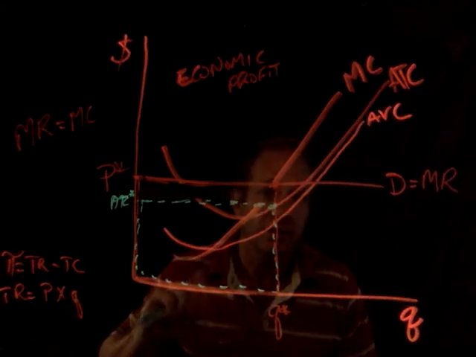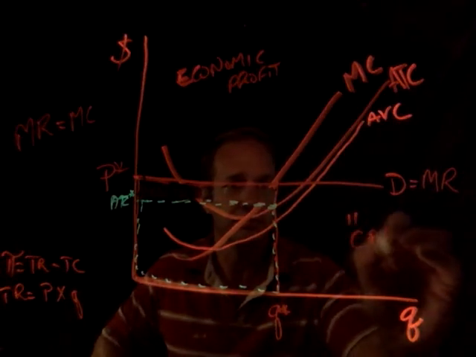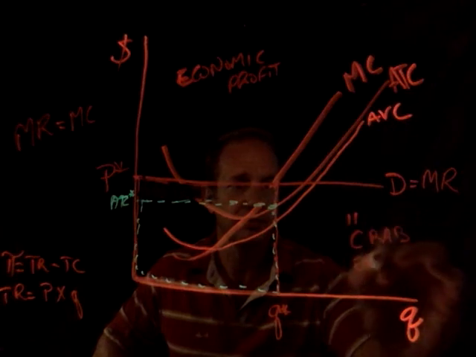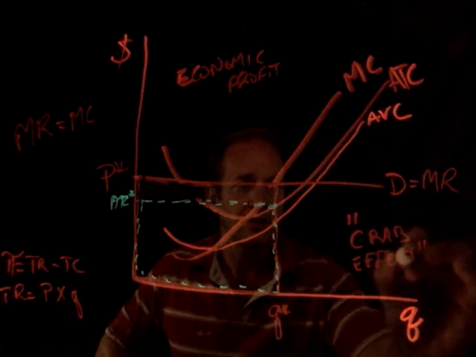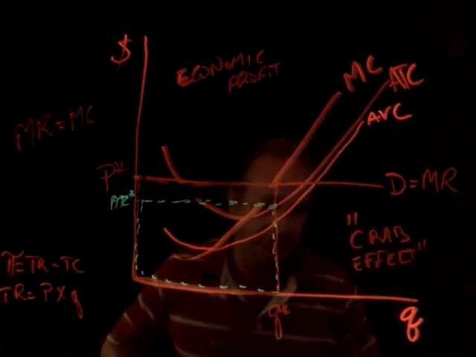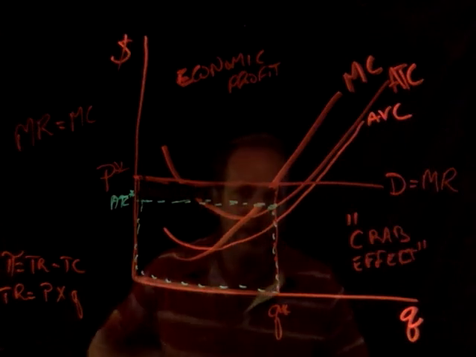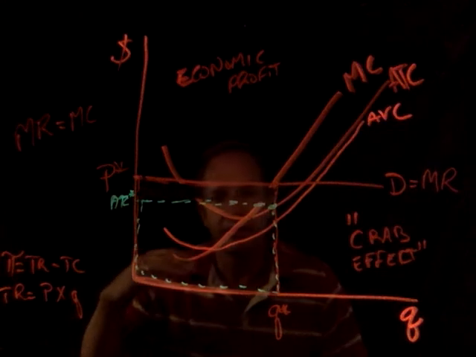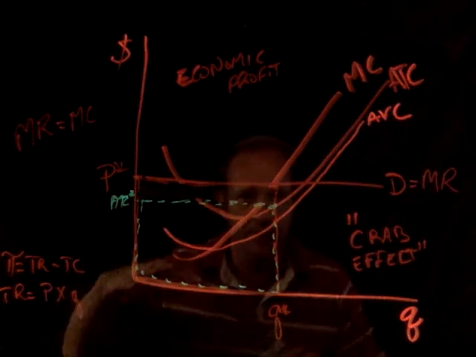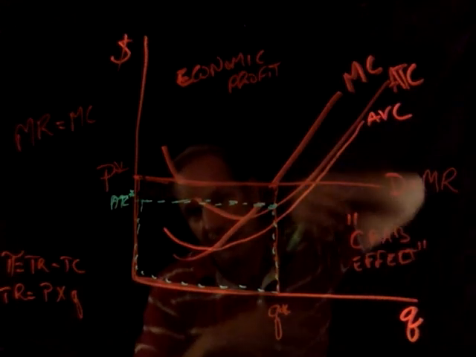I like to call what's going to happen next the crab effect, because I've seen it out crabbing. When you catch crabs and you put them in a bushel basket, as the basket starts to get full, which is a good day, the level of the crabs nears the top. Some of the crabs will sense this and start to climb out of the basket.